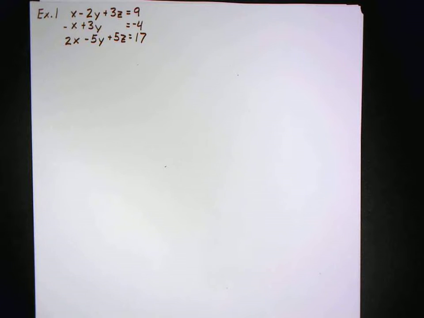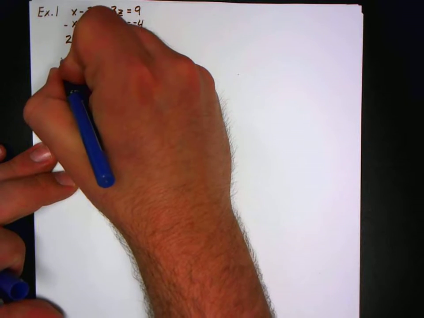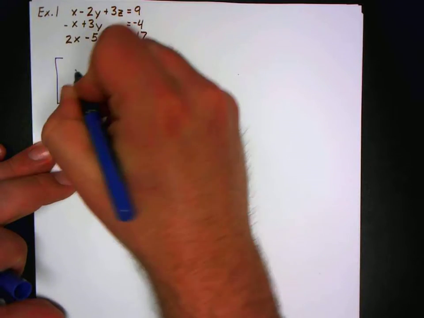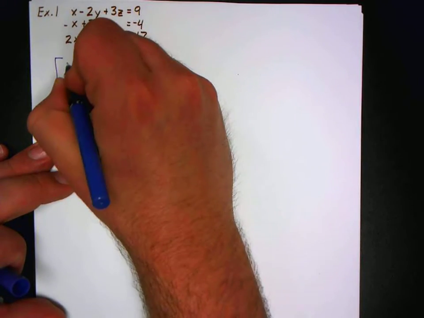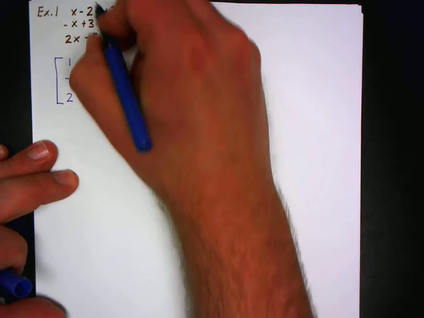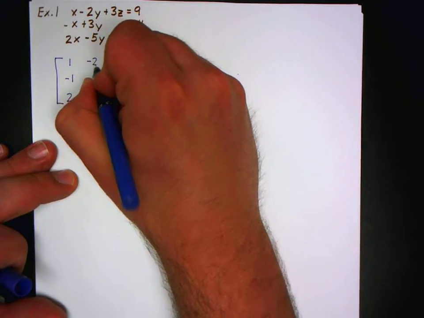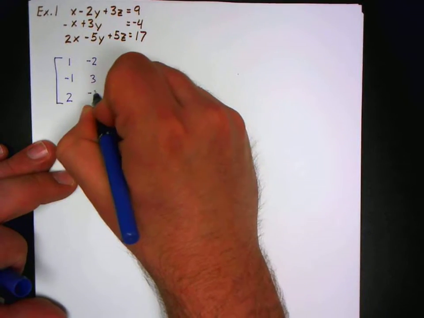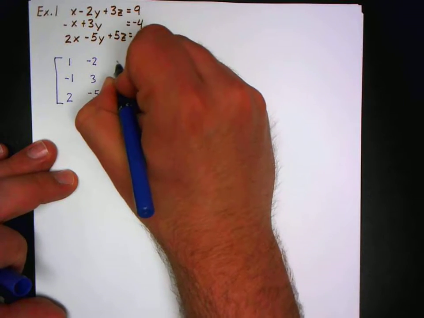So the first step here is to create our augmented matrix. We take our x coefficients, so 1, -1, and 2. We take our y coefficients, 2, 3, -5. Our z coefficients.